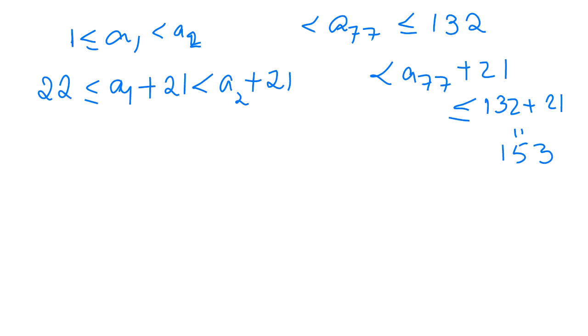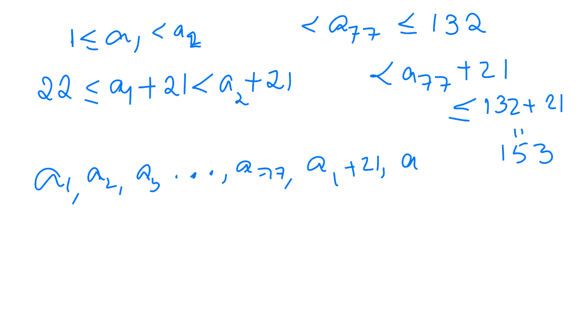Okay, now I am going to write all of them. Now consider all these numbers: A1, A2, A3, and so on up to A77, and A1 plus 21, A2 plus 21, and so on up to A77 plus 21. Yes, Val is absolutely correct.